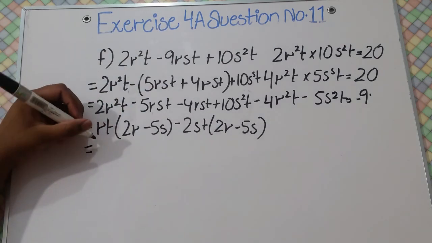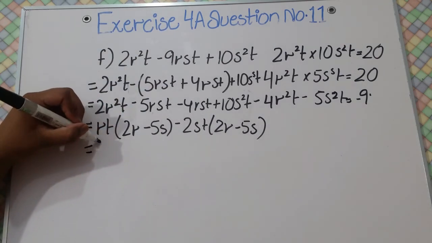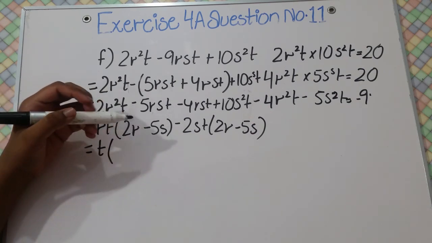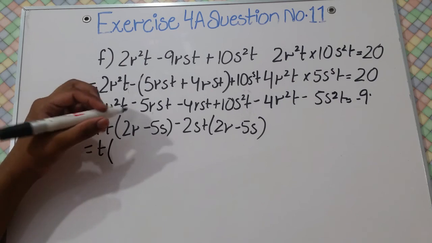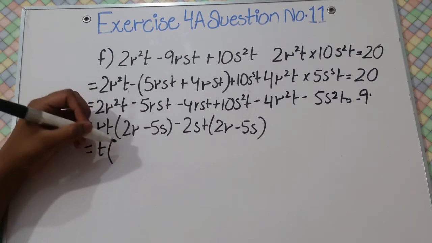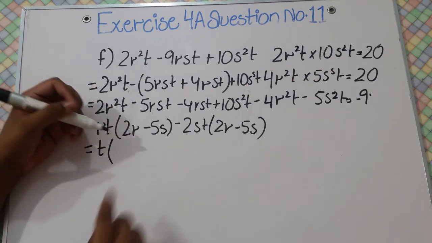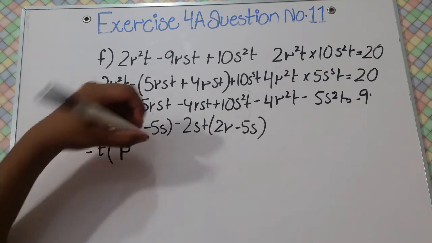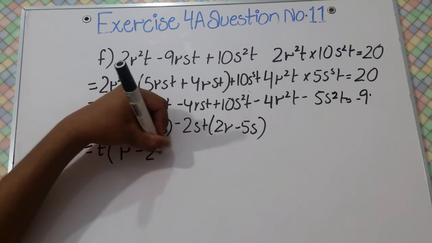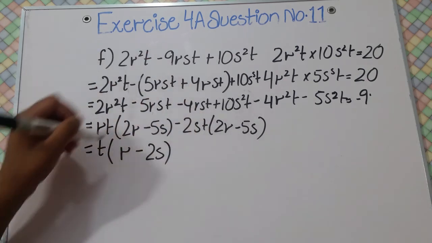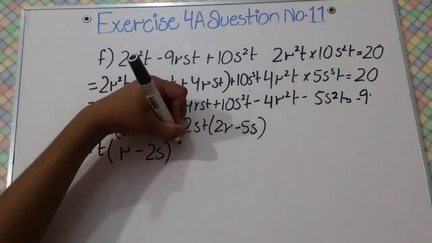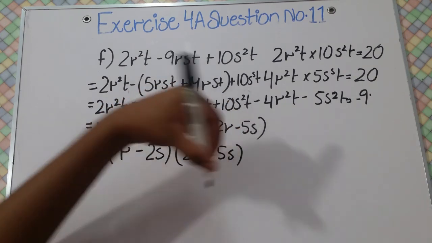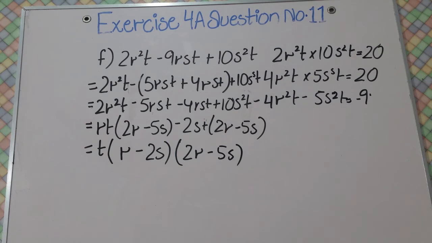Now again we need to take t as the common, so t would be in the common area, and r minus 2s, and then the same bracket 2r minus 5s would be written. So this was part F.